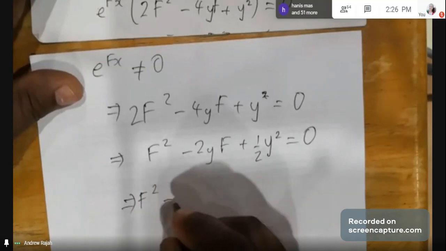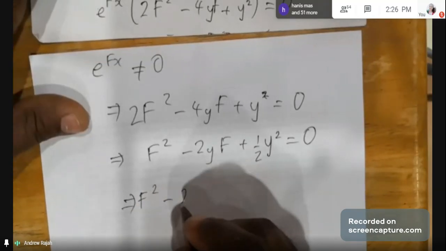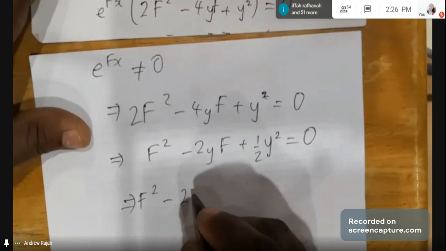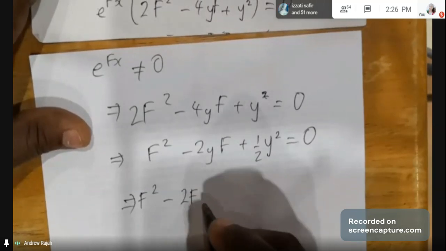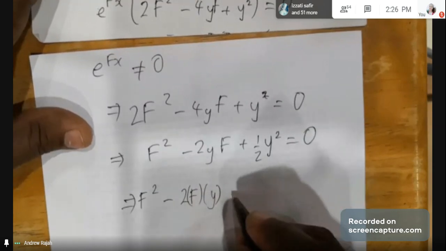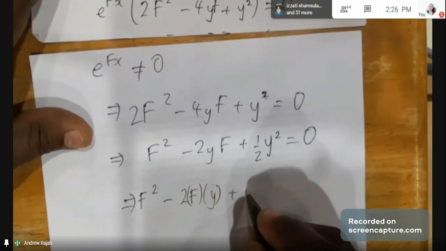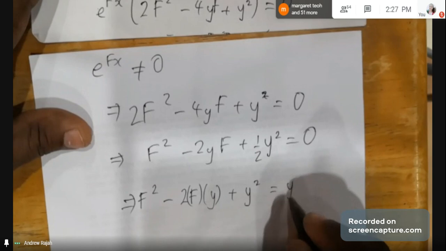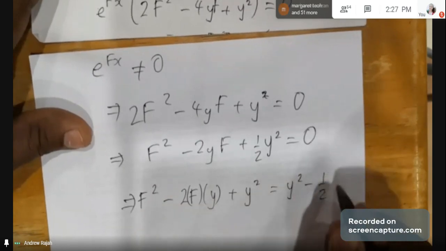So f squared minus 2 f y plus y squared equals y squared minus half y squared.